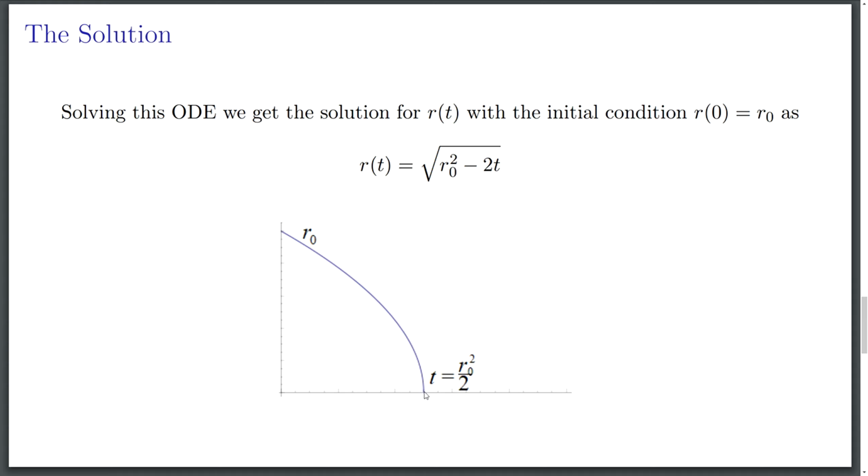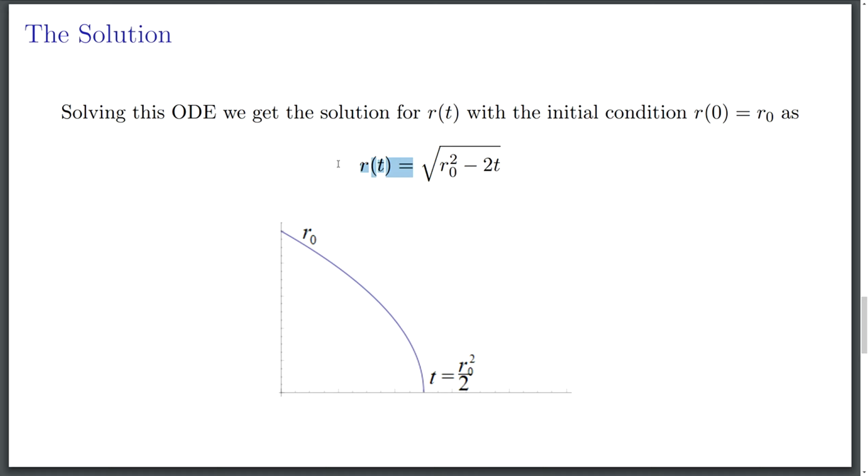And also here it will meet 0, and that's a very important concept, which is the extinction time, the time passed for the manifold to basically just disappear. And that time would be equal to r0 squared divided by 2, because you can see it from this thing, right?